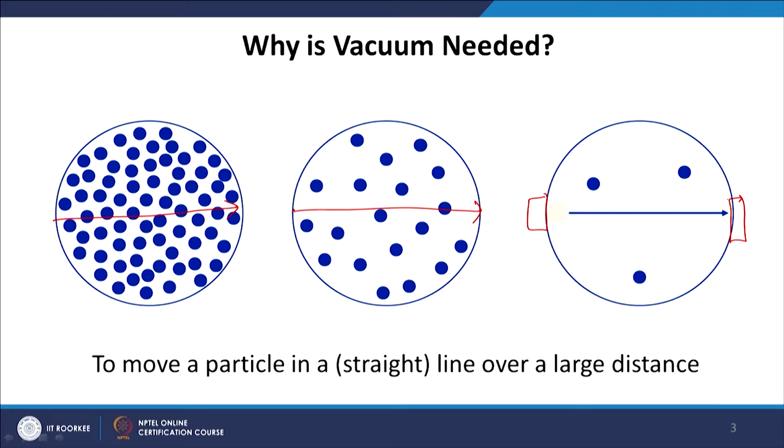If I want a very uniform coating of vaporized atoms on the target substrate, what we require is fewer interfering atoms inside the chamber. So, to reduce the interfering gas molecules inside the chamber, we need to create the vacuum.